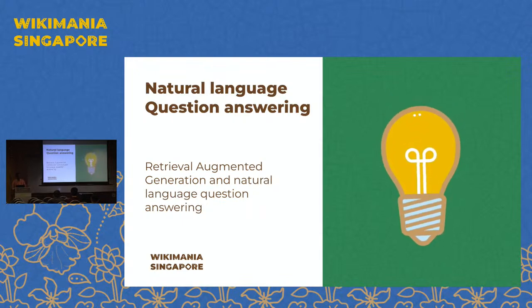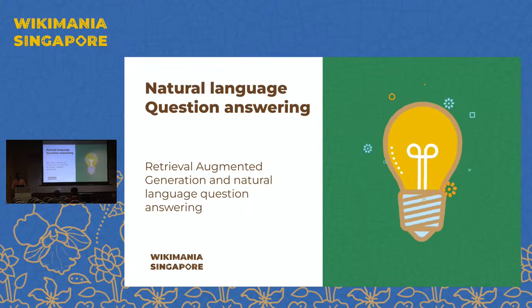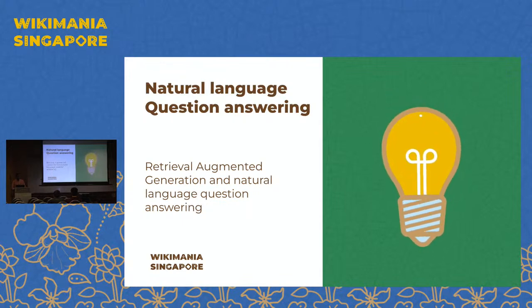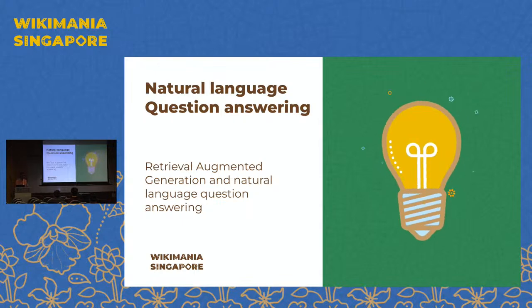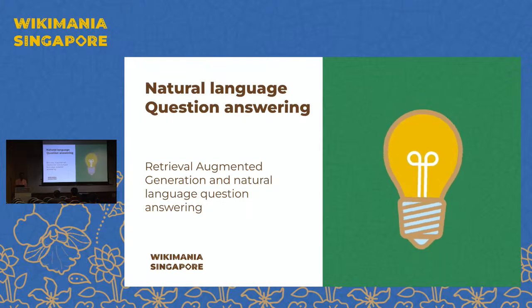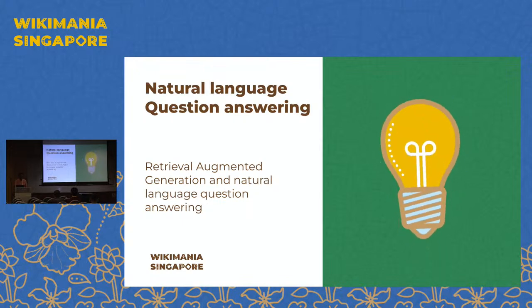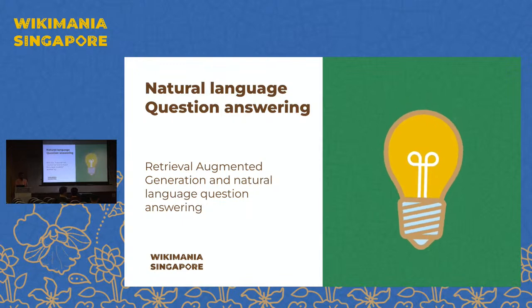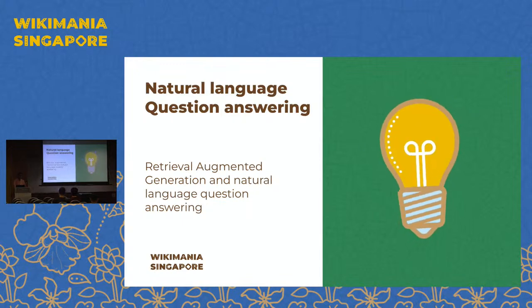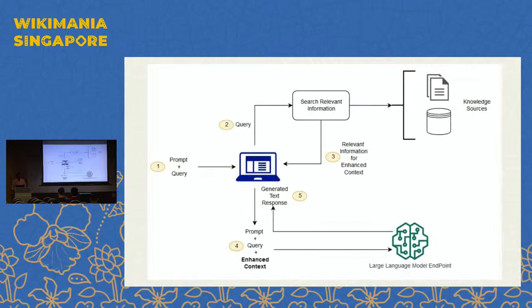There are some experiments on how to use this, and one of the major technologies for natural language question answering based on a set of documents, in this context based on Wikipedia, is called retrieval augmented generation. First, you have a question, and that question will be compared with Wikipedia.